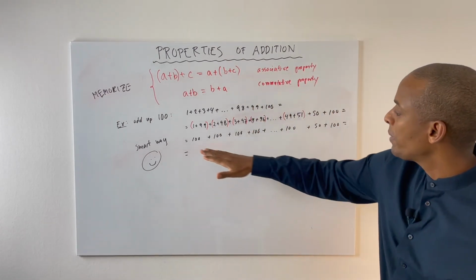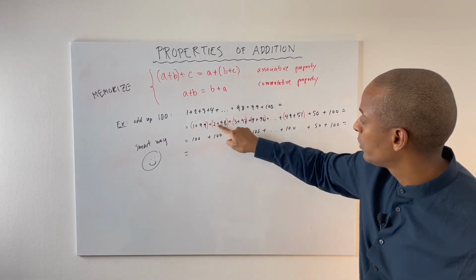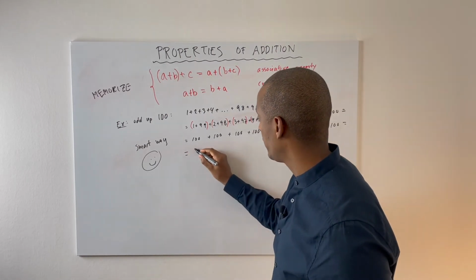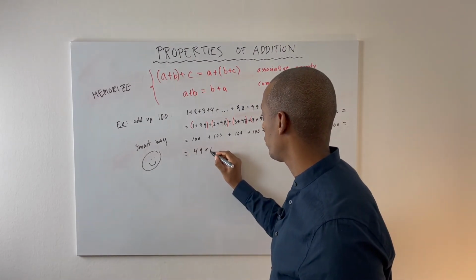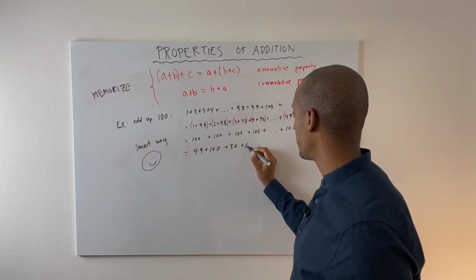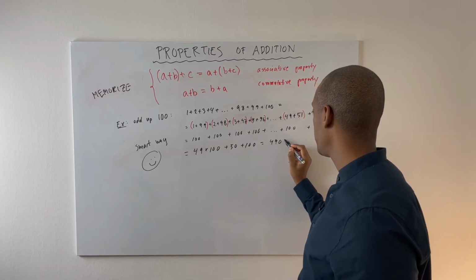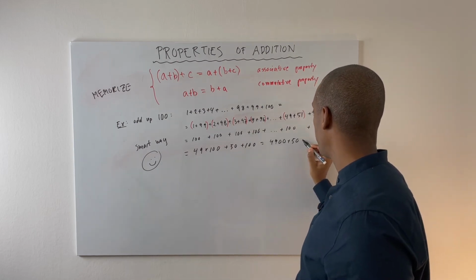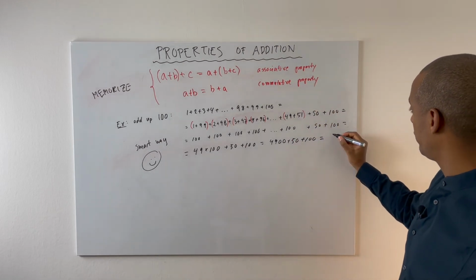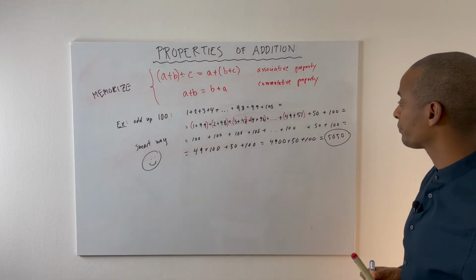And we can see here, how many 100s do we have here? We have 1, 2, 3, 4, 49. So it's 49 times 100 plus 50 plus 100. So that's equal to 4900 plus 50 plus 100, which is equal to 5050. And that's the answer.